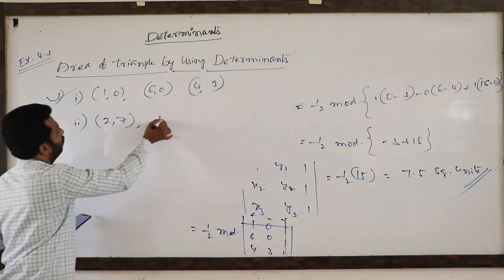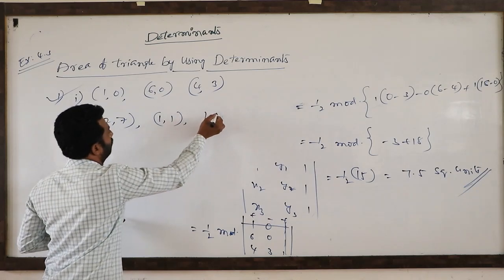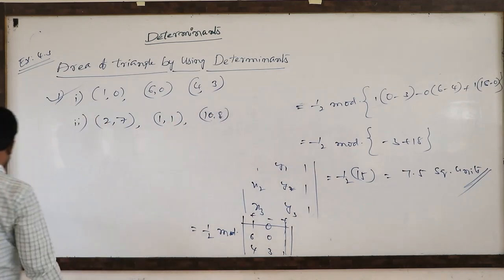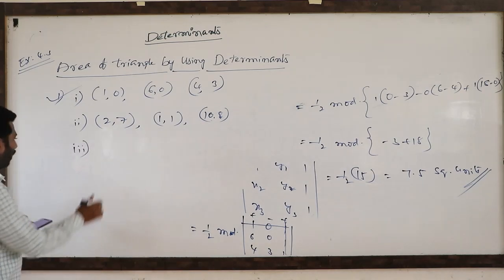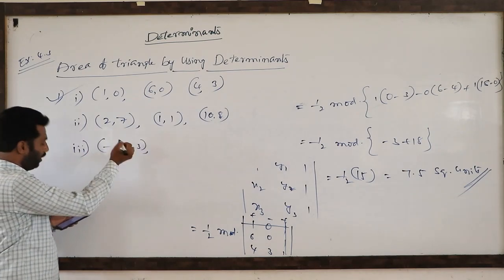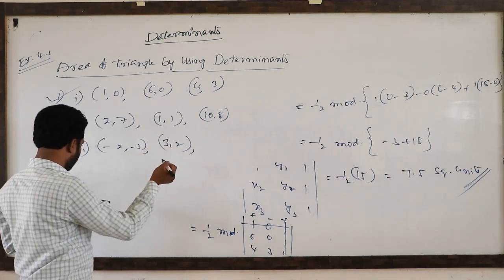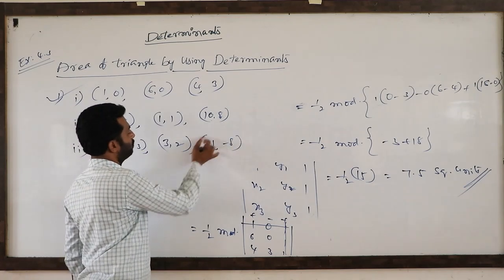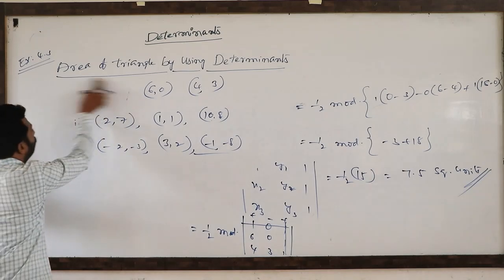Next, the third one: minus 2, minus 3, 3, 2, minus 1, minus 8. You have to calculate the area of the triangle by using determinants. Next, in the same exercise, observe question number 2: show that the points, question number 2.